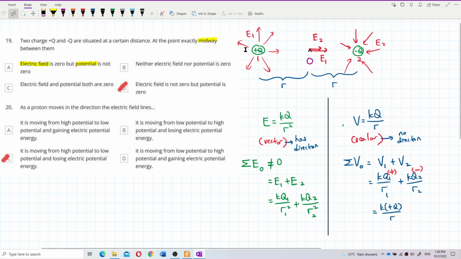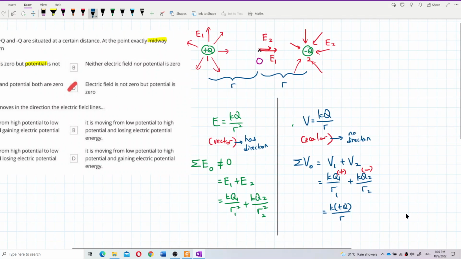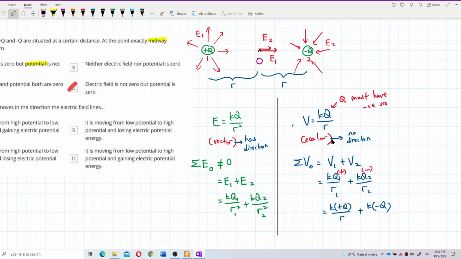Equal charge, equal distance. Then K and negative Q over R. For potential, the charge must have the negative sign if it is a negative charge.